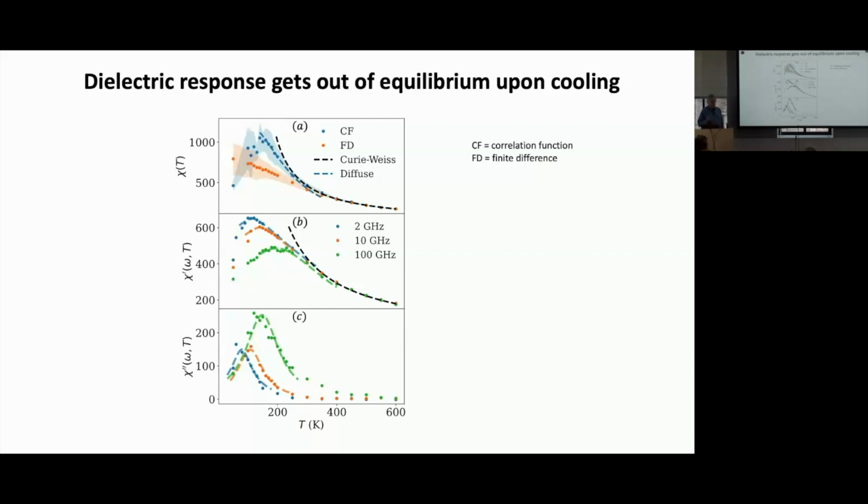The static susceptibility calculated from the fluctuation-dissipation theorem, namely from the fluctuation of the polarization, or from the finite difference calculation, give different results, as was found already in some pioneering work in this field done by Bellaiche about 10 or so years ago. But here we also get this dynamics, which is in qualitative agreement with what is observed in experiment.